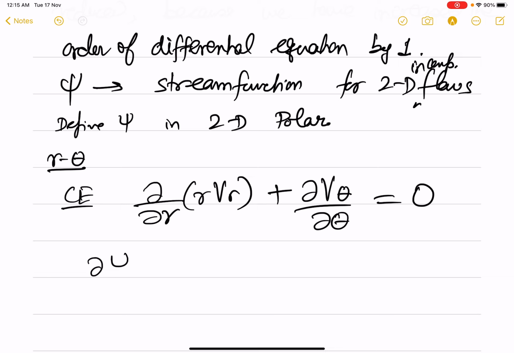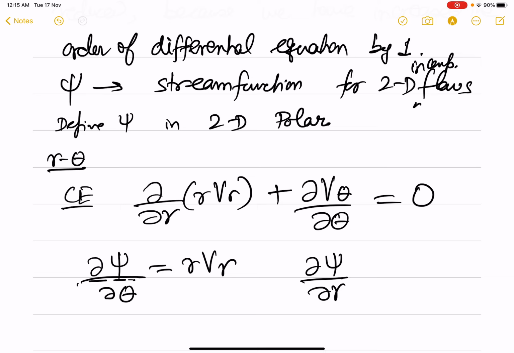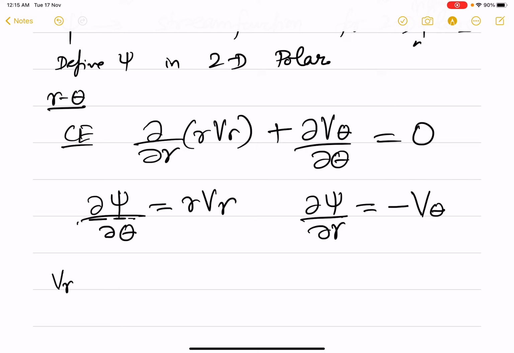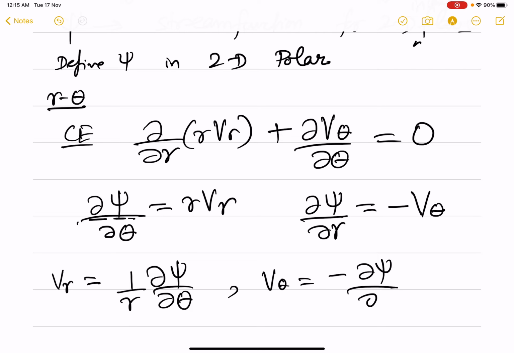So I'll take psi, take its derivative. Here we have r. So I take its derivative with respect to the other variable, d psi by d theta. This I will put as r vr. And partial psi by partial r, now d by d theta, so I take psi by the other thing, I put a minus sign, is equal to minus of v theta. So therefore in r theta coordinates, we get vr is equal to 1 over r partial psi by partial theta, and v theta is equal to minus partial psi by partial r.